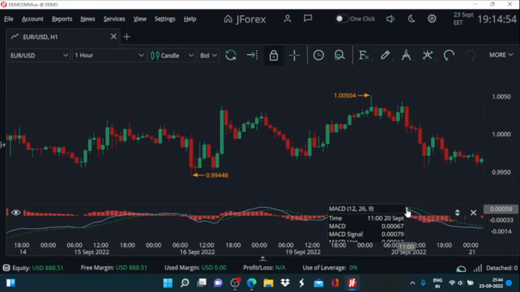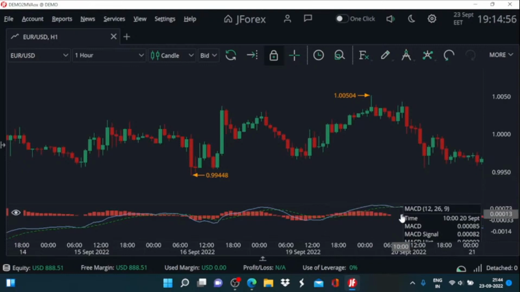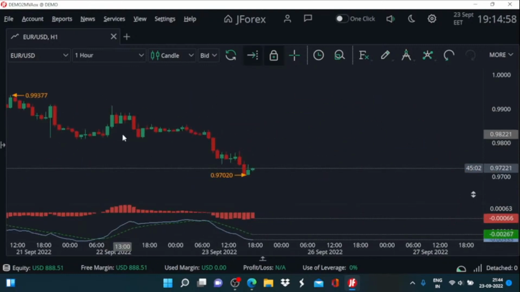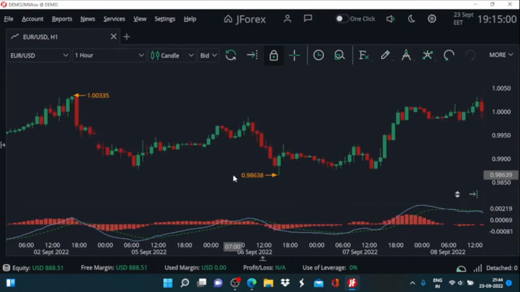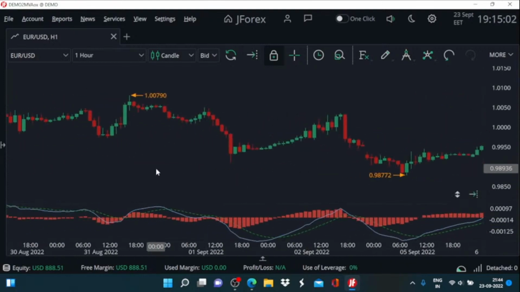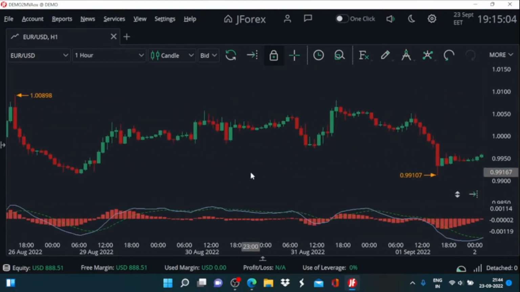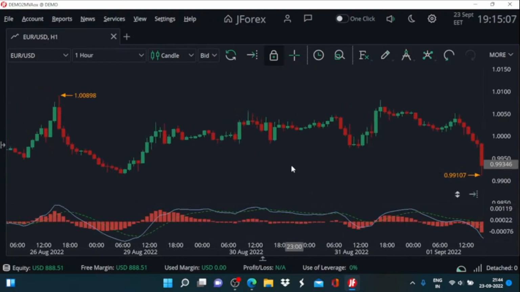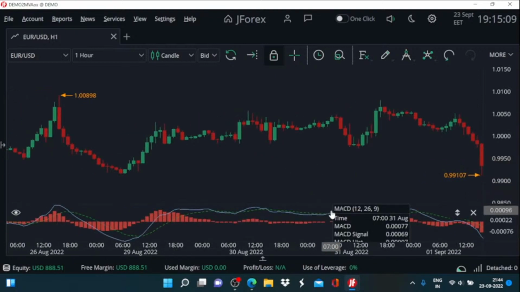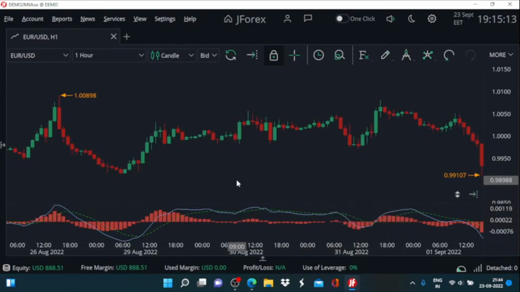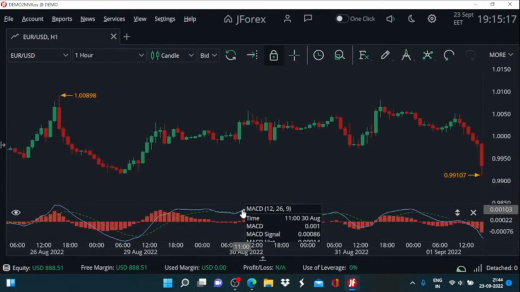When we get the crossover where we have the MACD crossing above the MACD signal line, and at the same time the outputs are in positive territory, that is the time to initiate new long trades. Like here, we had the MACD and MACD signal line both in positive territory.